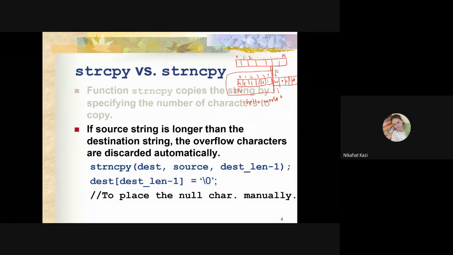So n means how many characters you want to specify. If the source string is longer than the destination string, the overflow characters are discarded. So now you are avoiding that runtime error, that means your program might crash. You are avoiding that if you use strncpy.